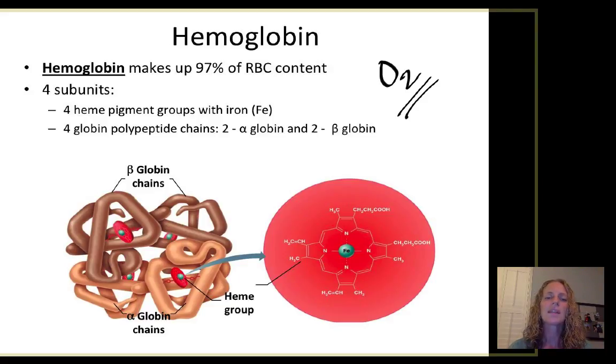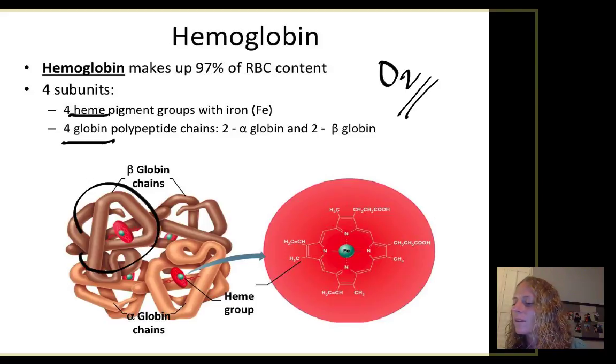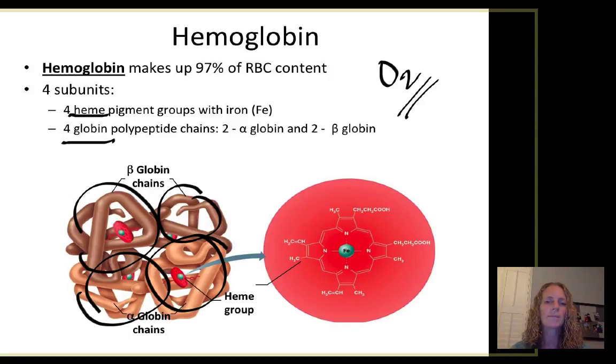This pigment is called heme, and it contains 4 polypeptide chains. That polypeptide is called globin. So there are 4 heme groups and 4 globin chains. We put that together, and we have this 3-dimensional structure of hemoglobin.